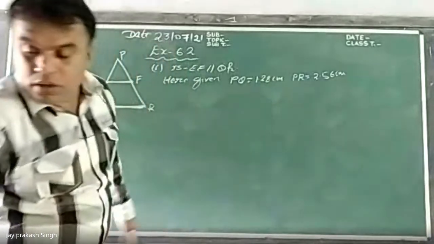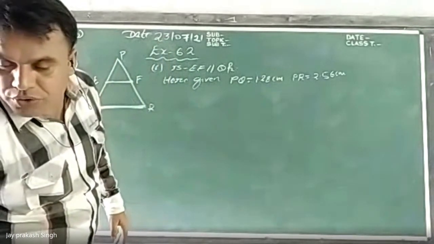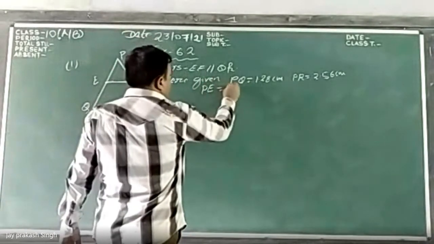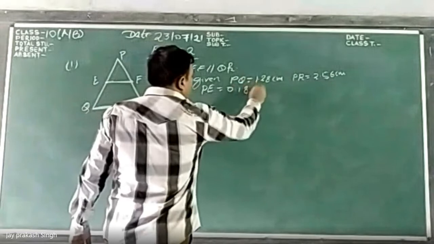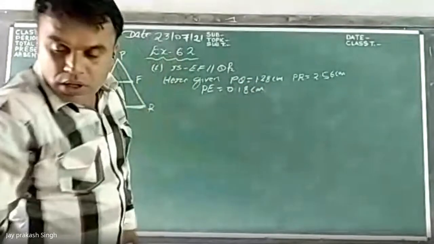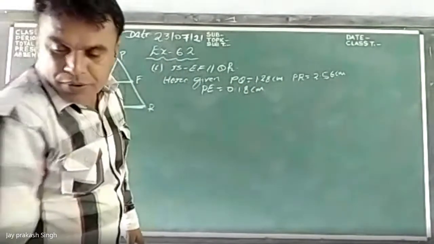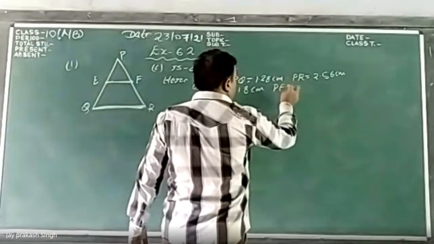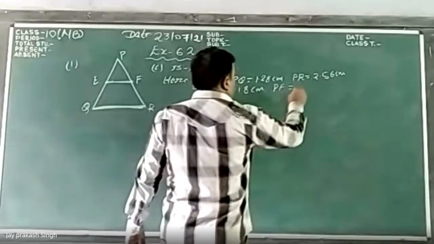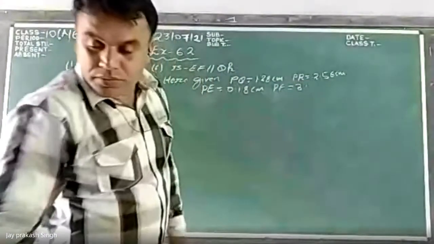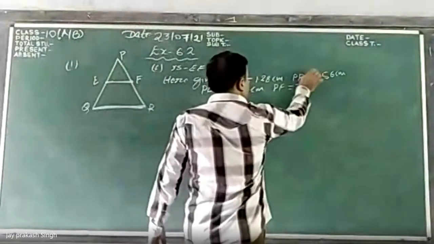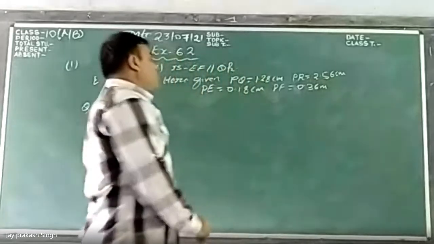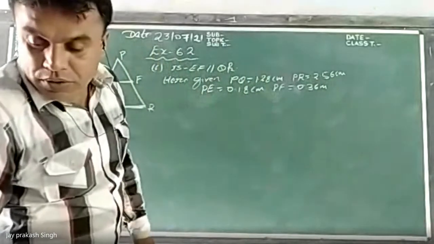Another one, PE is given 0.8 centimeter, PE 0.18 centimeter, and PF is given 3.6 centimeter, 0.6. So in this way, the sides are given.